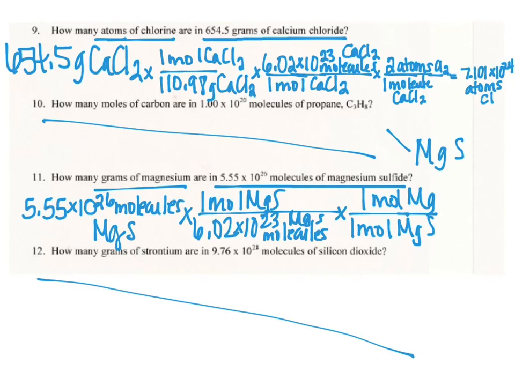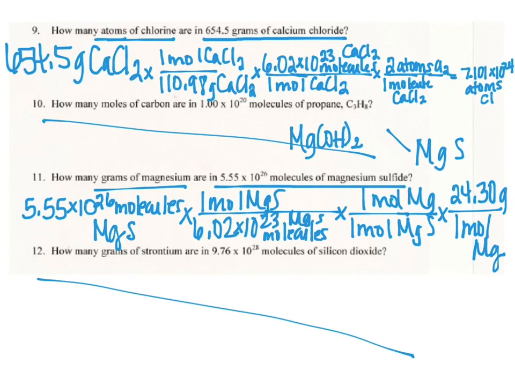If it would have been MgOH2, for every 1 mole of magnesium hydroxide, we would have 2 moles of hydroxide. So our subscript is going to dictate how many moles there are. And in 1 mole of magnesium, what is the mass? 24.30 grams.